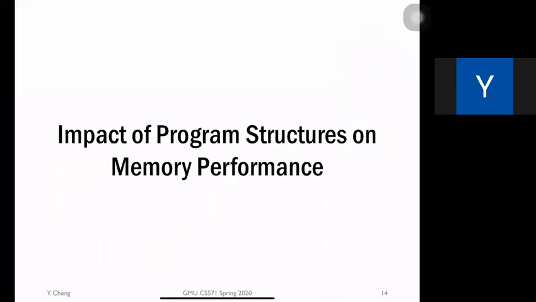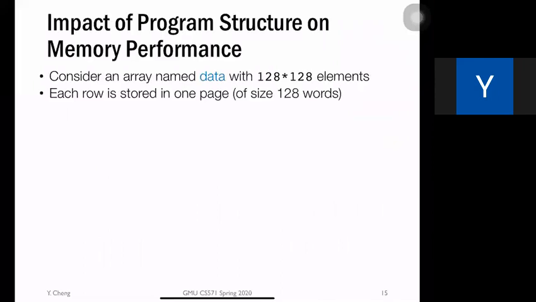All right, so moving on to the very last topic: the impact of program structures on memory performance. Let's take a look at this example. Consider we have an array named data, and this array is two-dimensional.